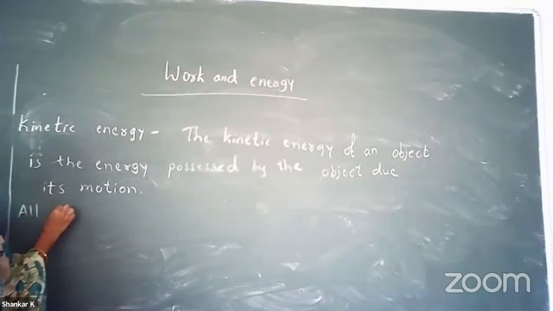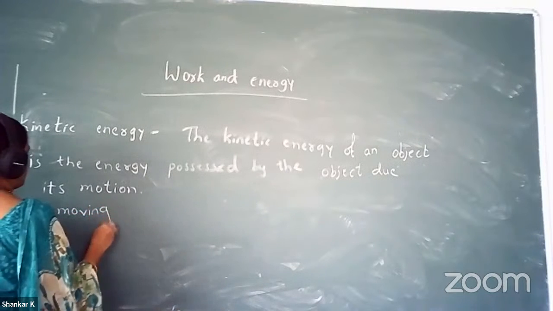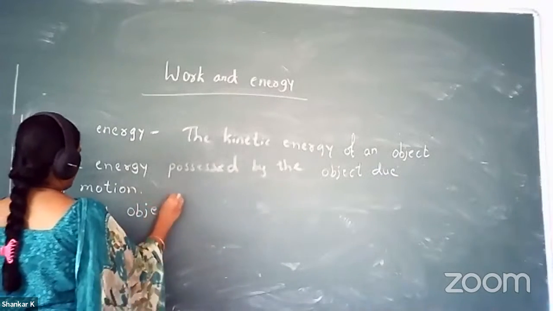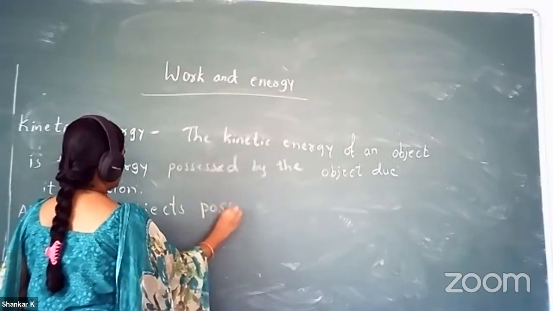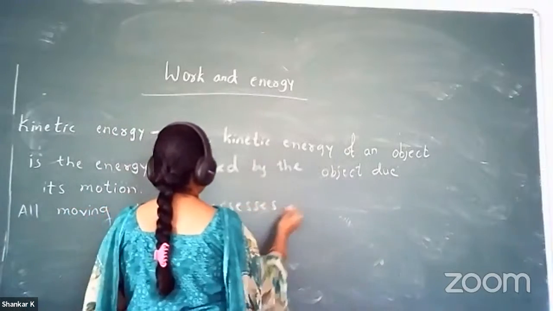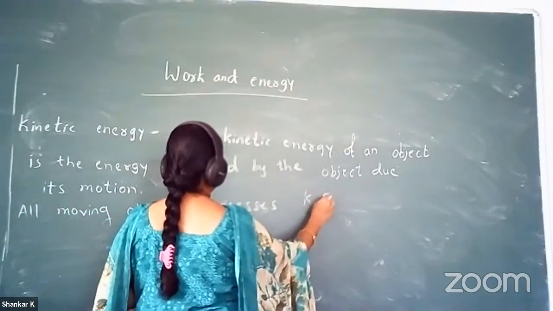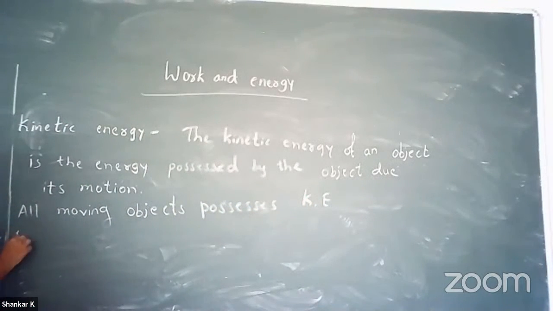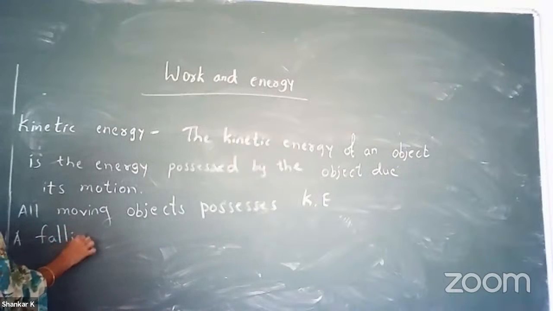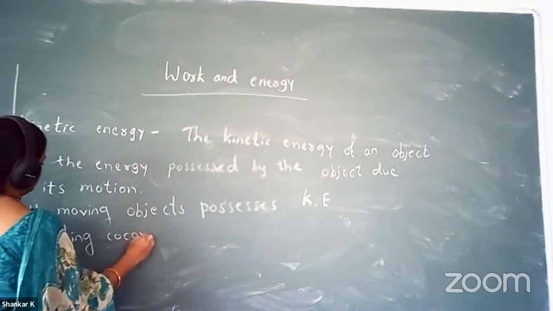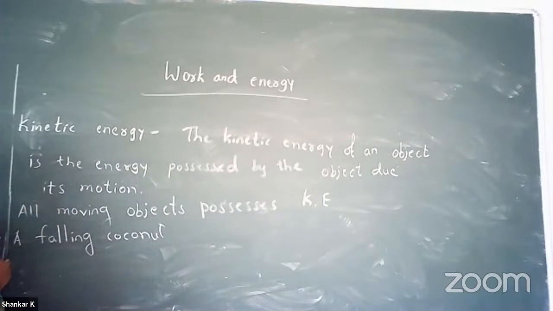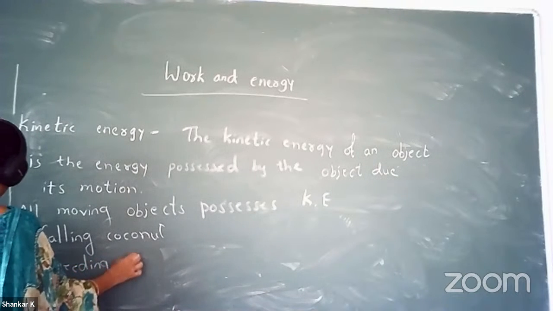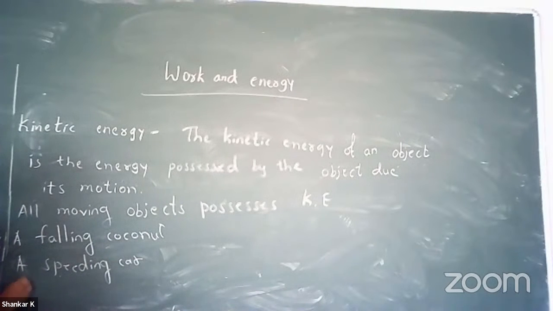All moving objects possess kinetic energy. For example, a falling coconut, a speeding car, flowing water, etc.